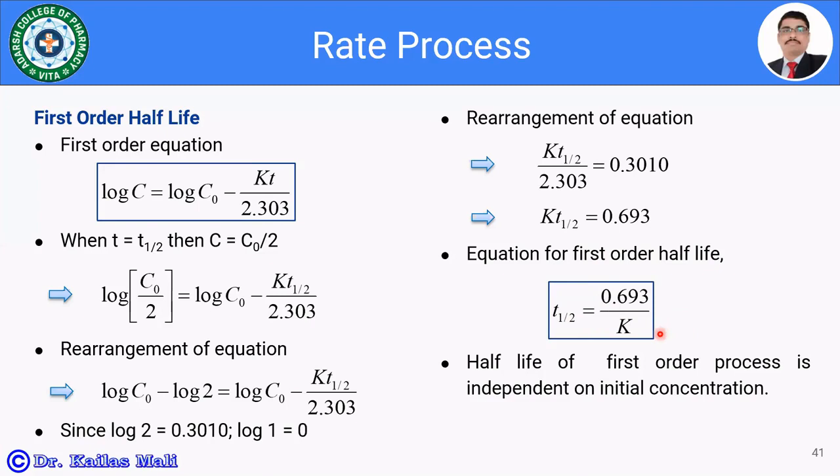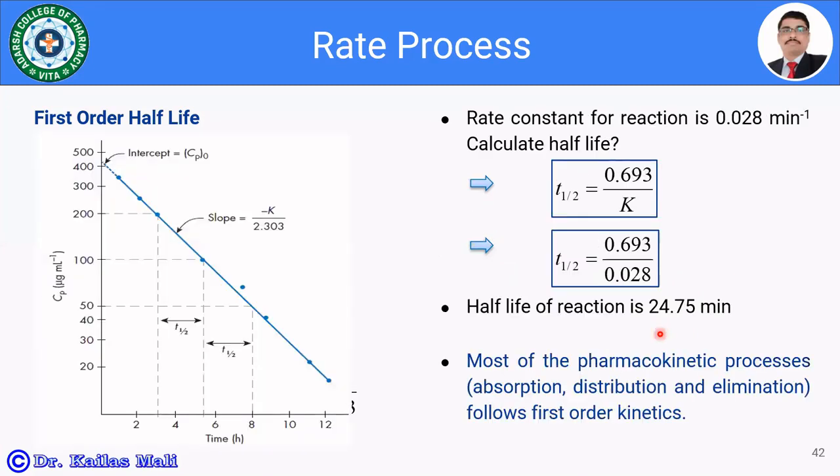Let us see graphically how to get an idea about the half-life. Say, for example, we have plotted the graph of C versus t on semi-logarithmic paper. This is the data plotted on the semi-logarithmic paper, and we are getting a straight line, isn't it? This straight line has a slope of minus k divided by 2.303.